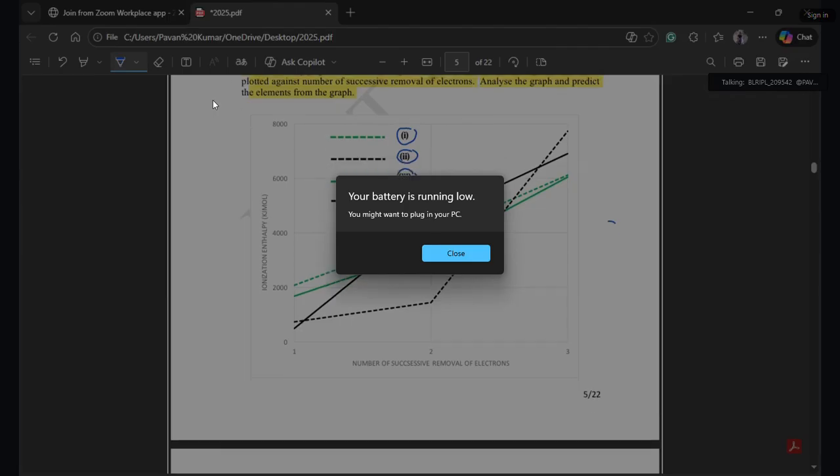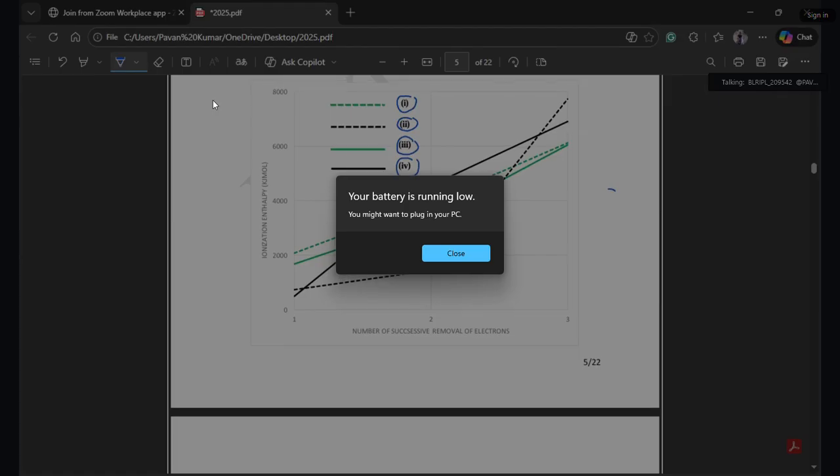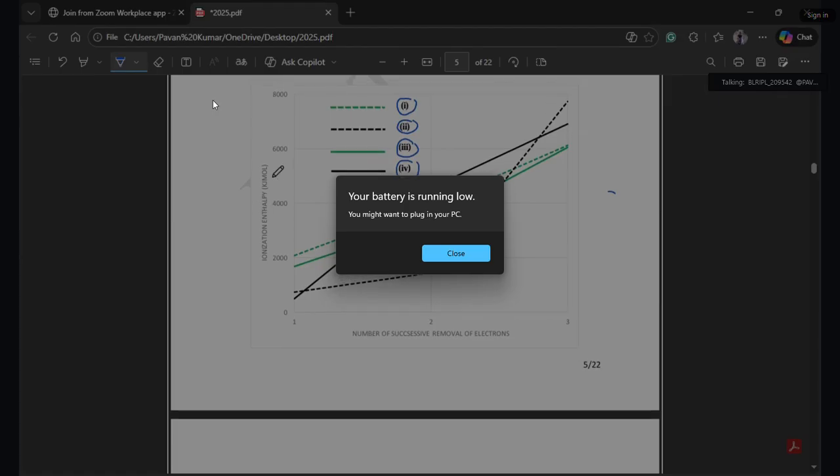By seeing that, if you observe the ionization energy values, they are given on the y-axis in kilojoule per mole, and the number of removals of electrons on the x-axis, meaning first electron, second electron, third electron. If you consider this, which line, dotted green, dotted black, solid green, or solid black, has the highest ionization energy? This one.